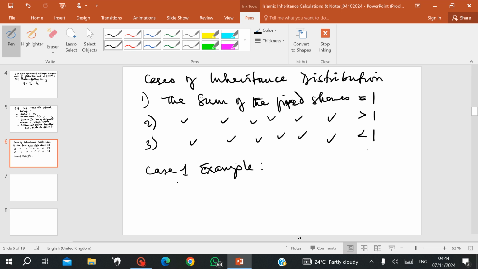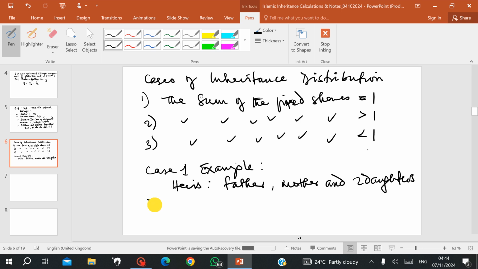Let's say we have the following heirs: father, mother, and 2 daughters. According to the hadith, we assign the fixtures first.